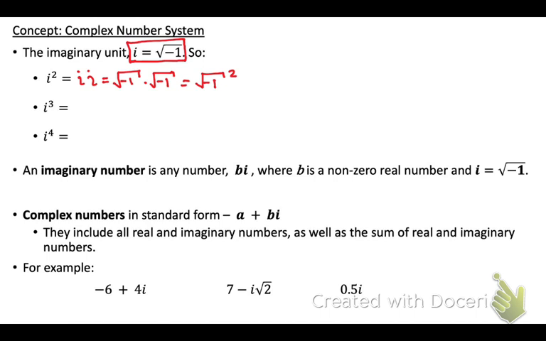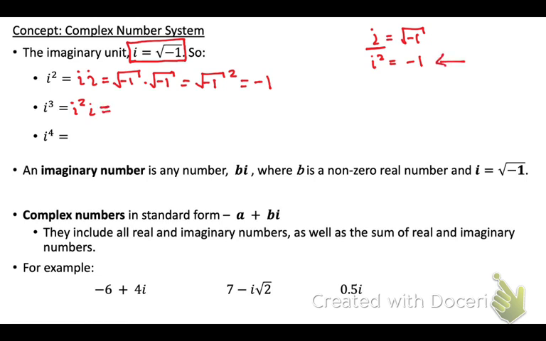It would just be it times itself, and you would get -1. So i to the first is the square root of negative 1, but we write i to the first. i to the second is just negative 1. So we got back from complex numbers to real numbers, didn't we? Okay. Well, i to the third is i squared times i, isn't it? Well, what was i squared?